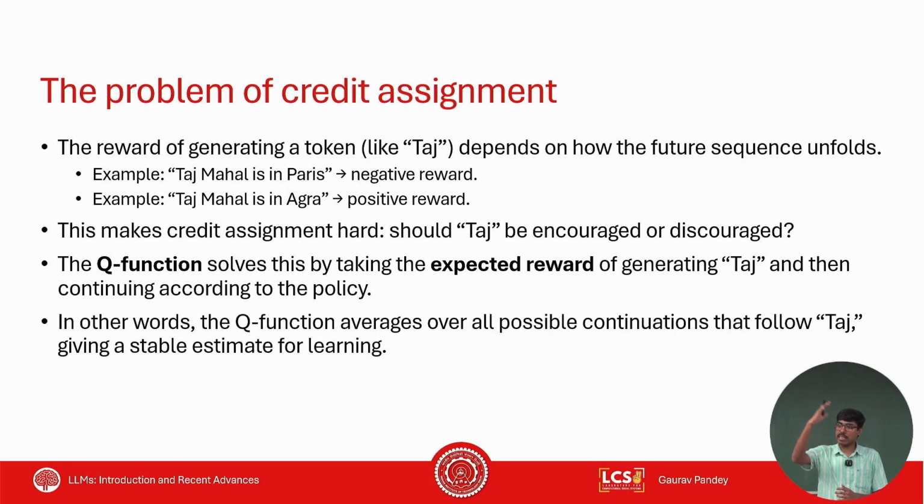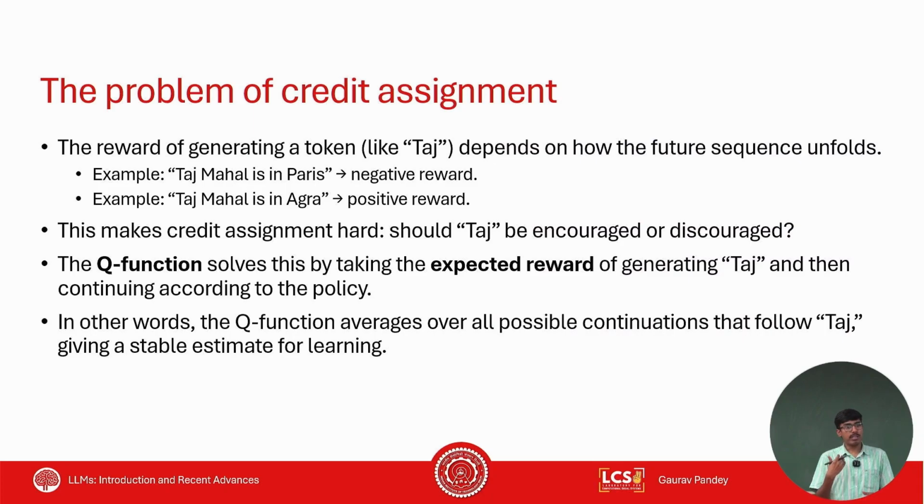You can then take the average reward for all those sequences, and I'm guessing the average reward will come out to be 0, because there are lots of possibilities, some positive, some negative. So the expected reward of all possible sequences generated from Taj may be 0, right? Because Taj does not control the correctness of the response.